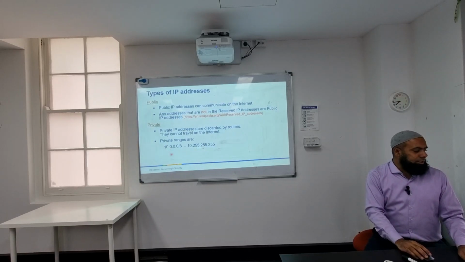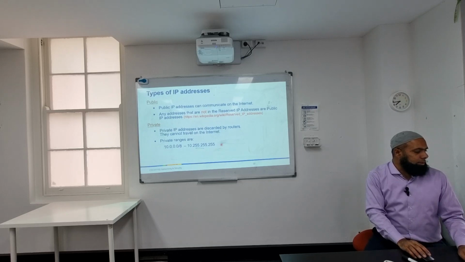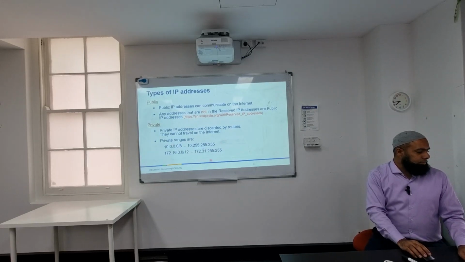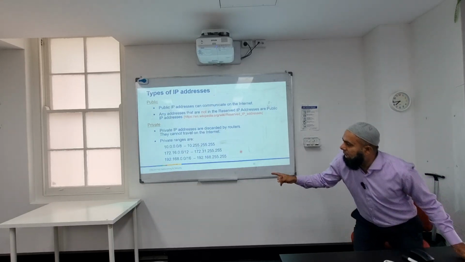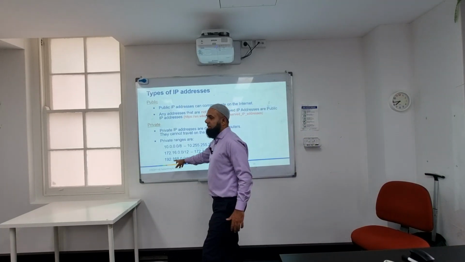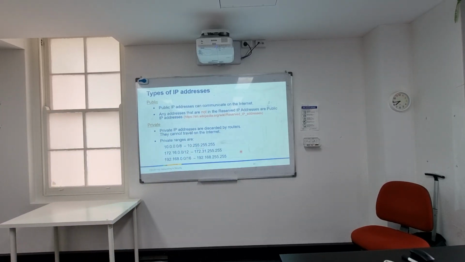So these are the private ranges, which are only applicable inside the networks. You can never see an IP address 192.168.something for Google or some public domain.